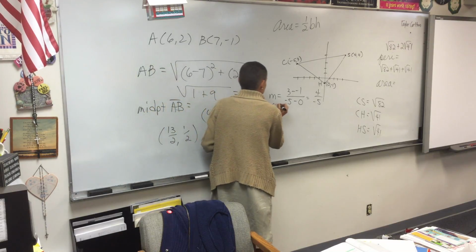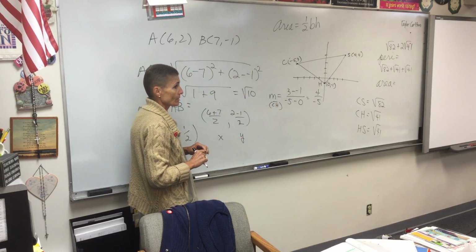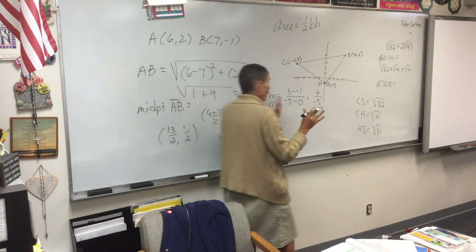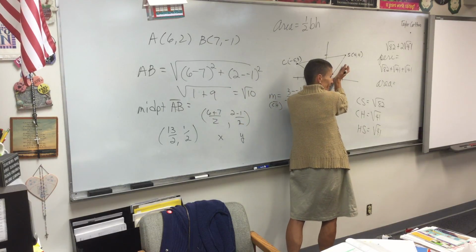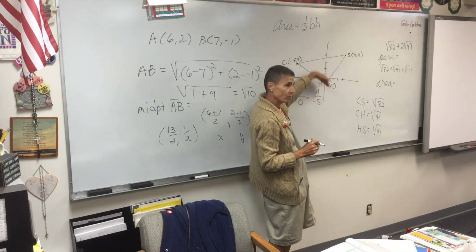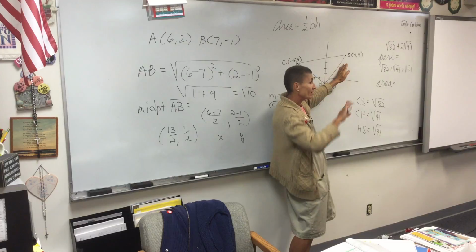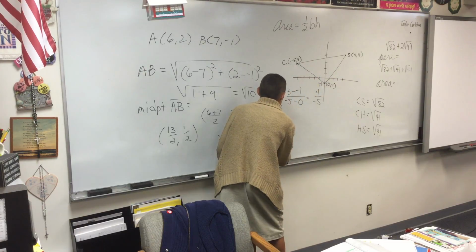Now that's for CH. I'm hoping these two are perpendicular. So if this one has a slope of -4/5, what am I hoping this one is? 5/4. Let's check it out and see.